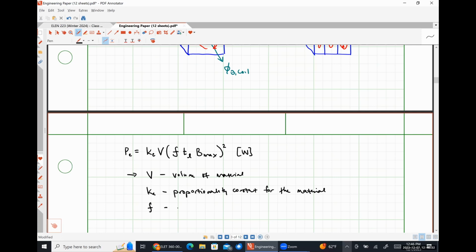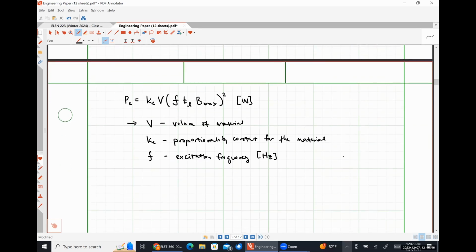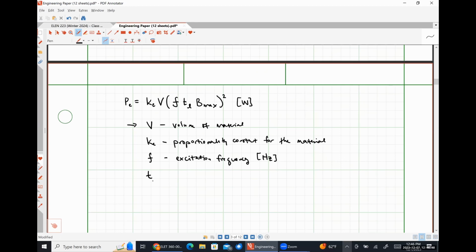F is once again our excitation frequency, measured in hertz. And then T sub L is our lamination thickness.